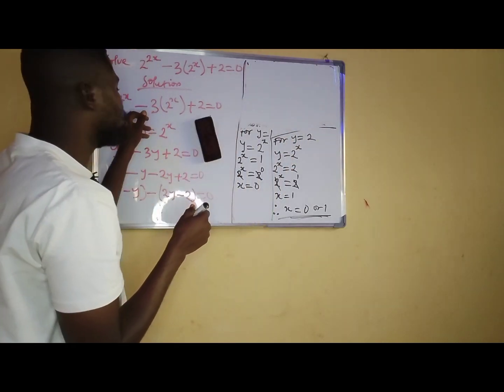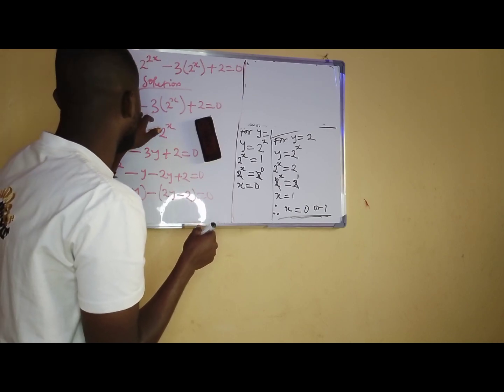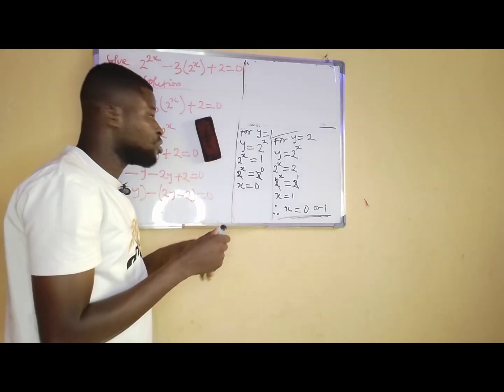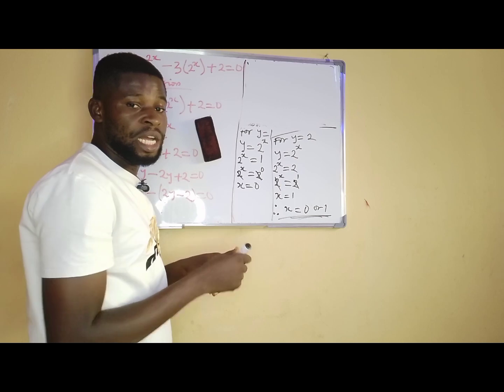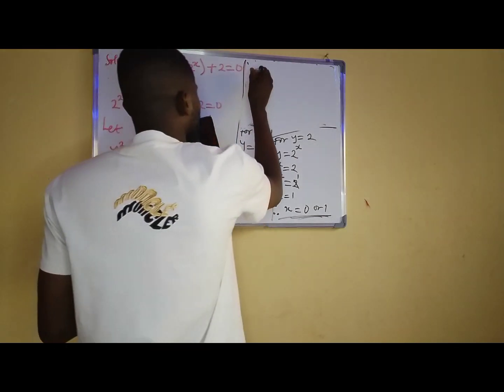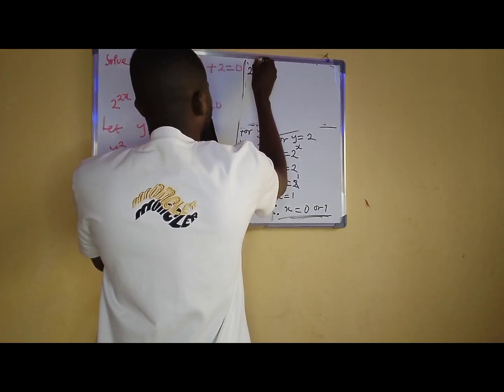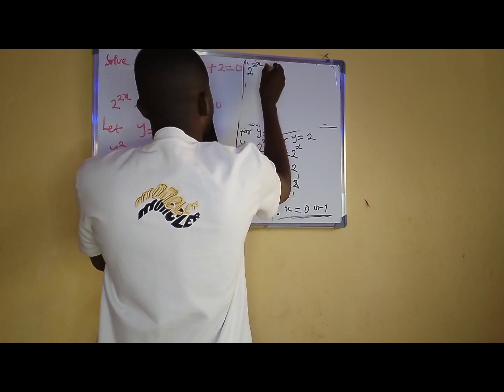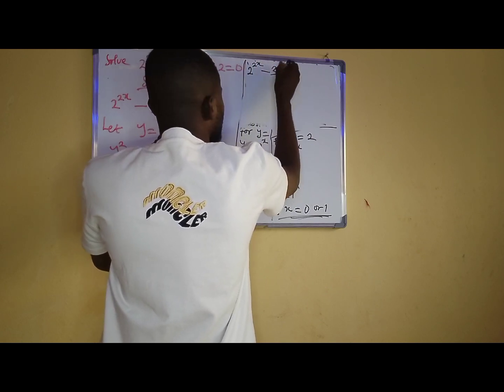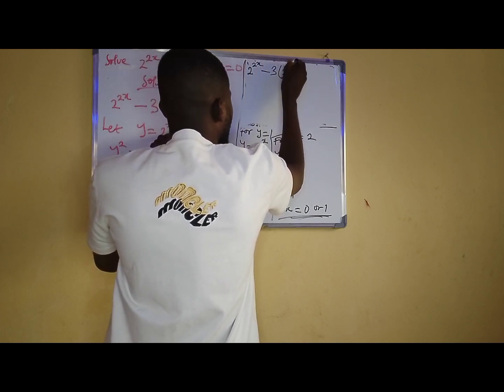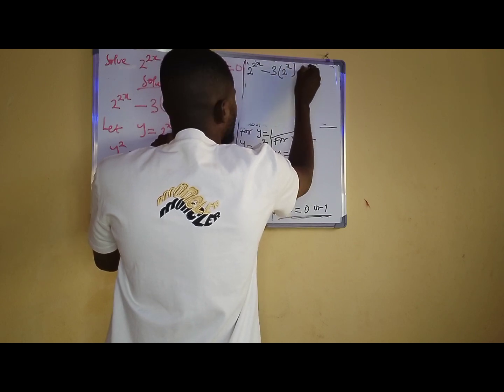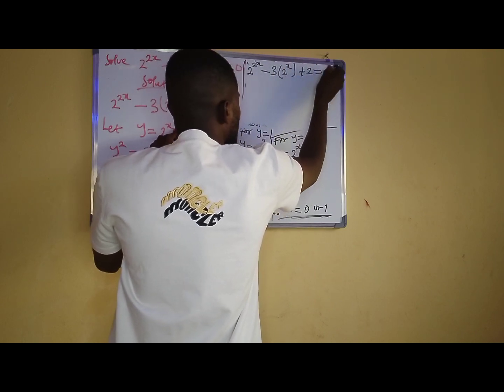Now, here is the original problem. Here is the original question. That is 2 raised to power 2x minus 3 bracket 2 raised to power x close plus 2 is equal to 0.